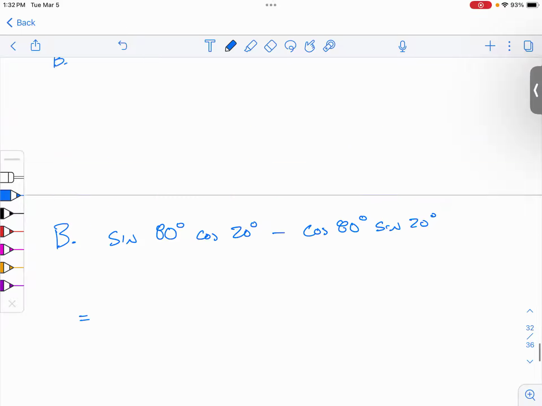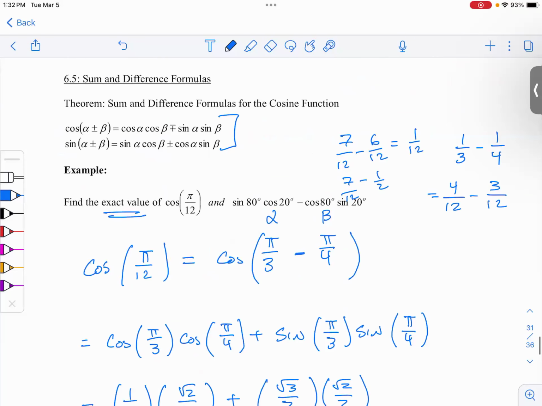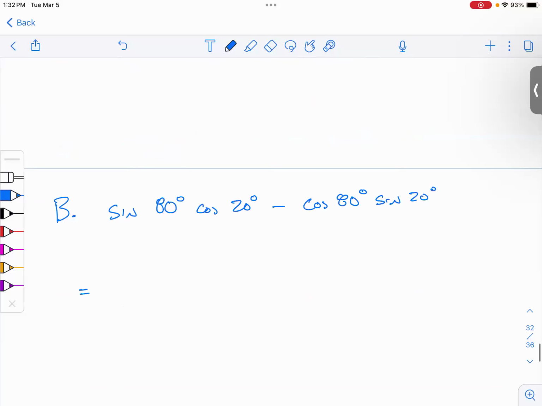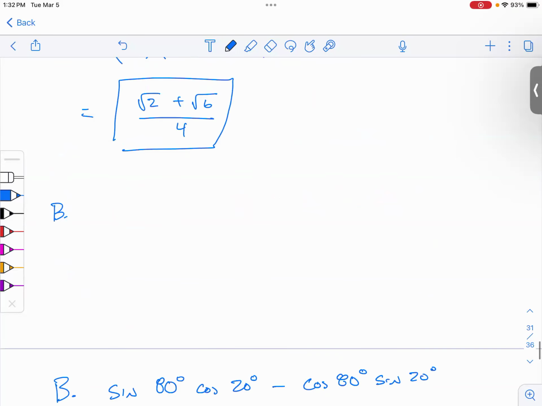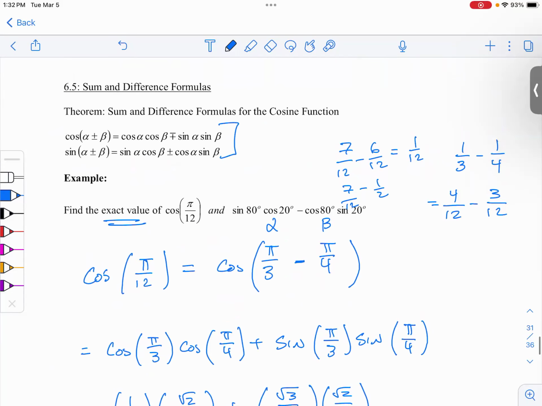In this case, the something else, how about the sum and difference? Now notice how this one is written. Sine alpha cosine beta minus cosine alpha sine beta, right? So we only have 2. Which one is this one? Does this one become cosine alpha beta or sine alpha beta?